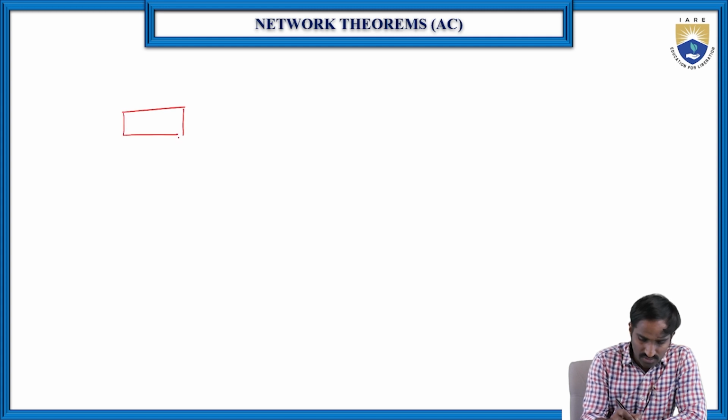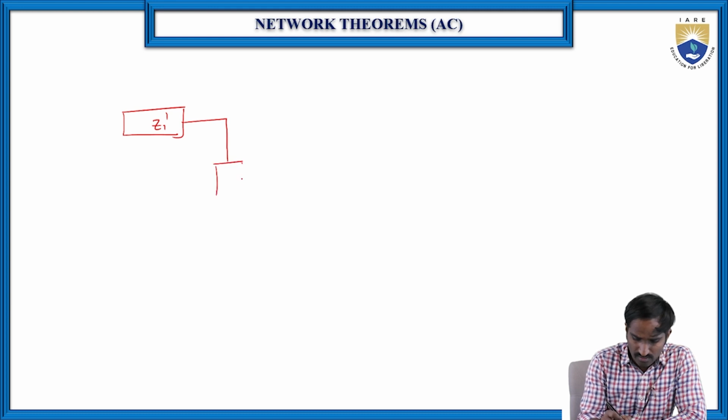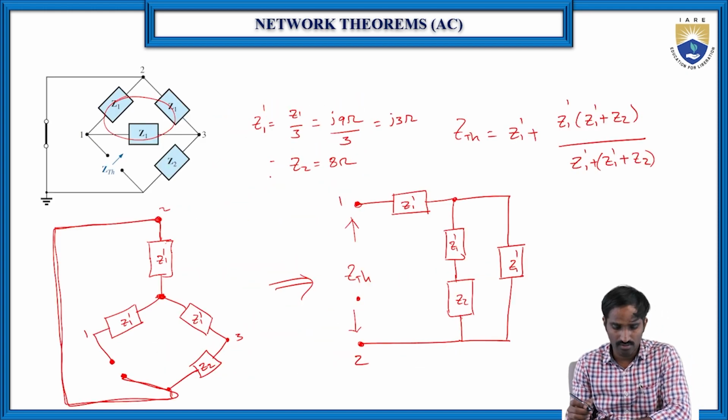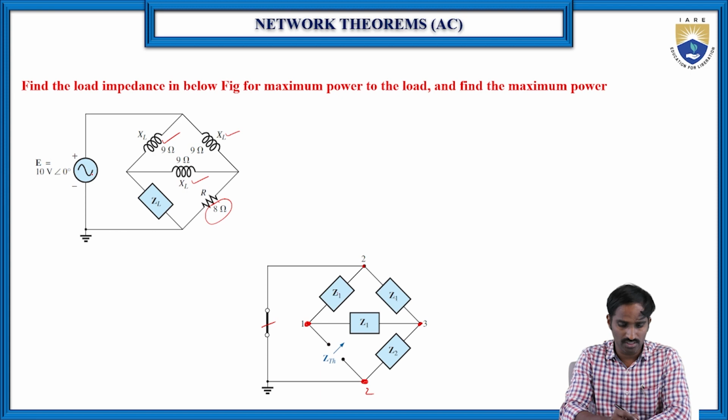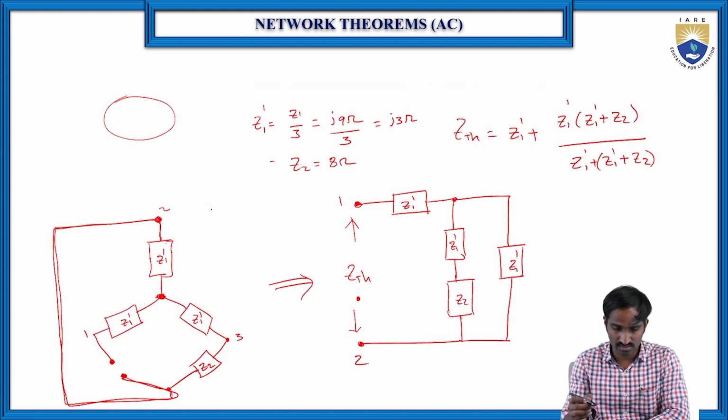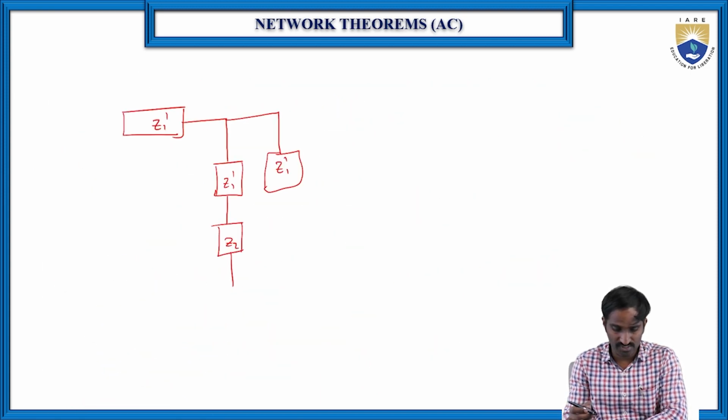Let us consider here it is Z1 dash, and one more Z1 dash, and it is Z2. In between these two combinations, there is a voltage source in series with this Z1 dash.